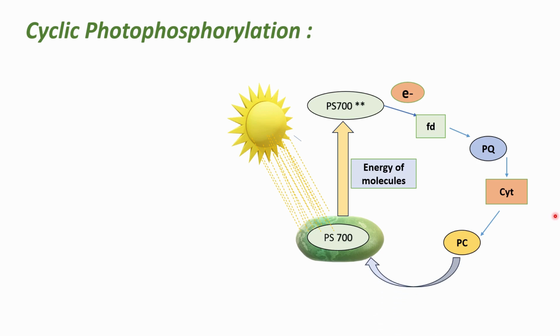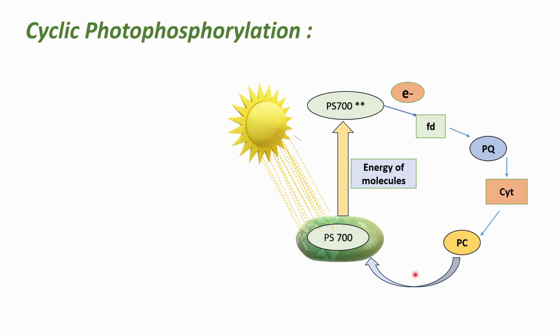Normally in the light reaction of photosynthesis, electrons flow from PS2 to PS1, and then NADP is formed. But here we are discussing cyclic photophosphorylation, so the electrons have to get excited, move through all the electron carriers, and then return again to the chloroplast.